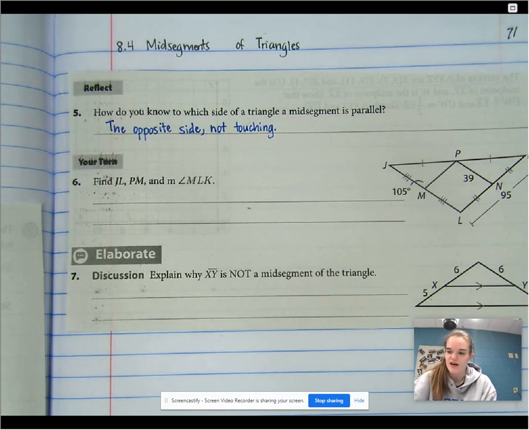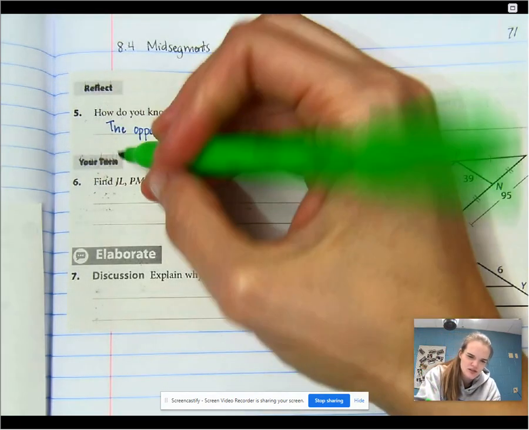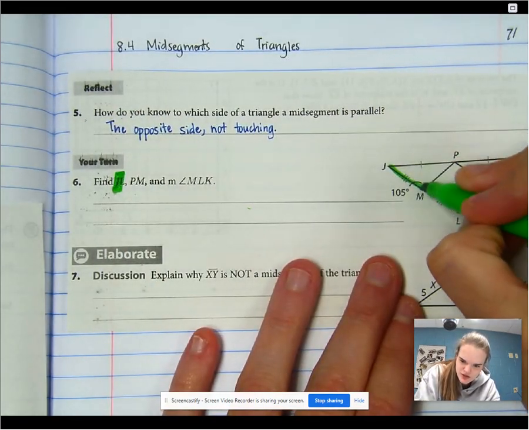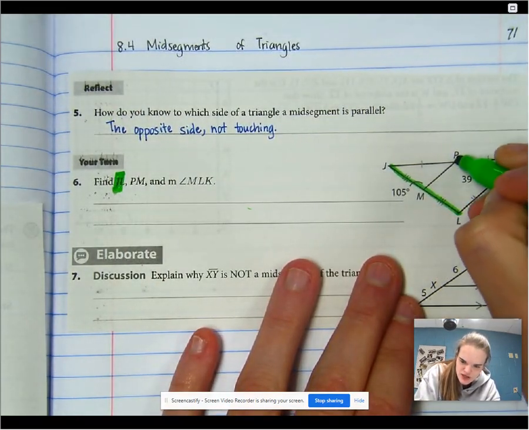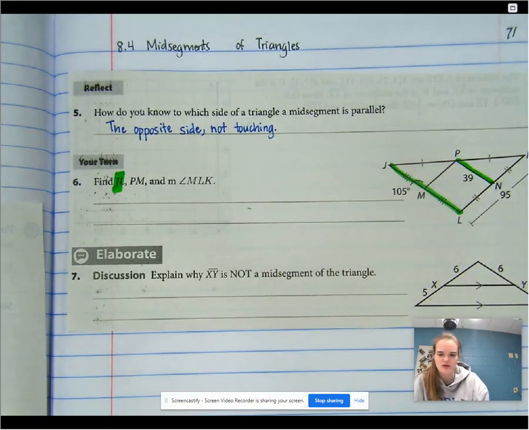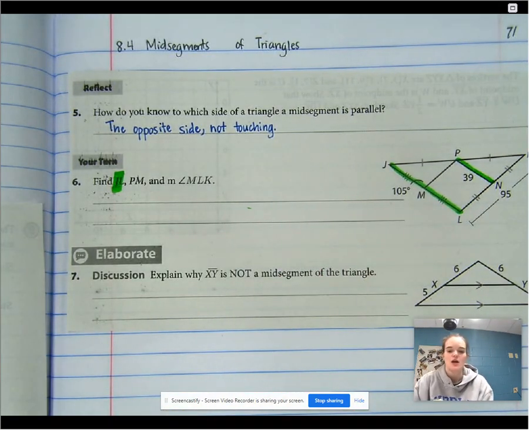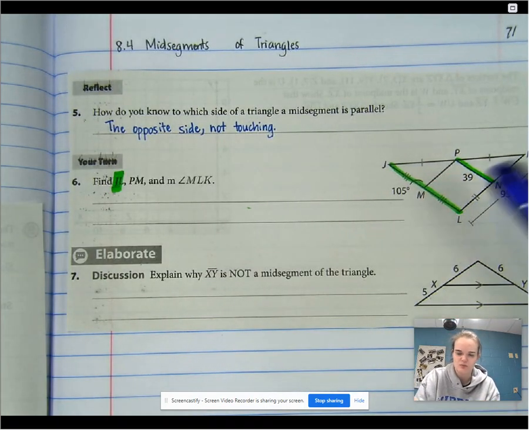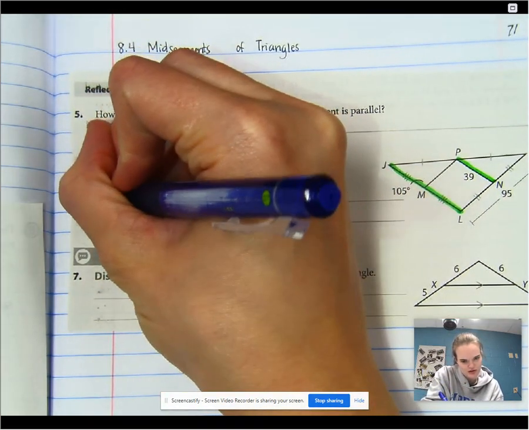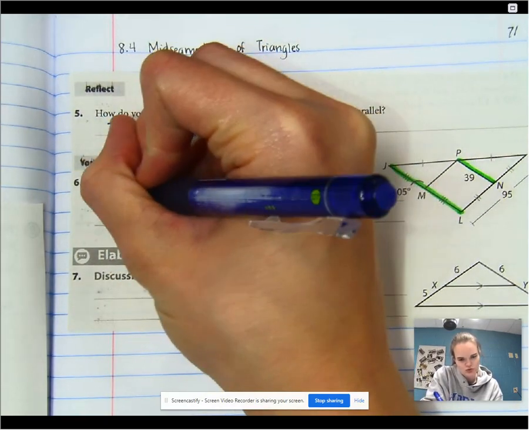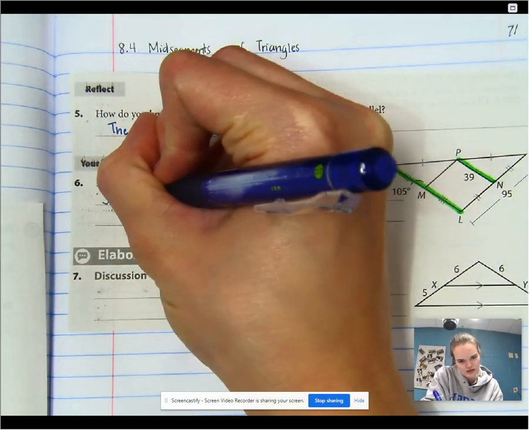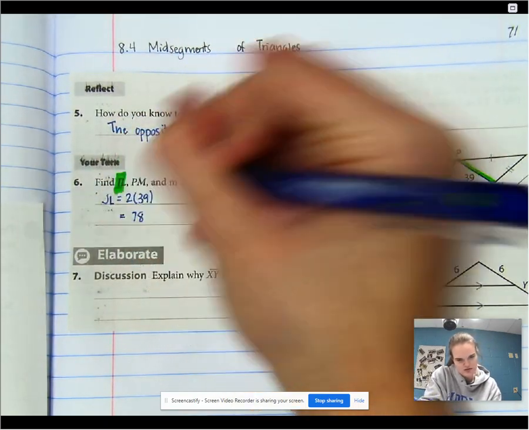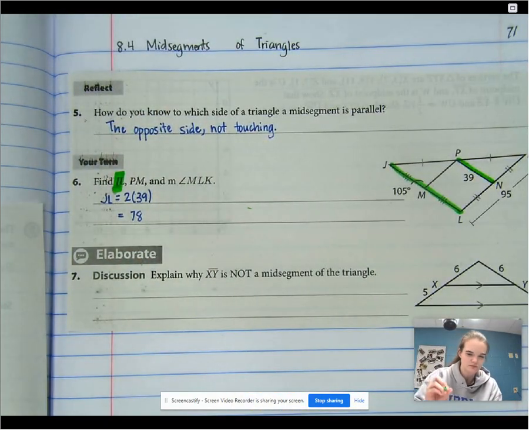Okay, first of all, it says find JL. JL is here, and PN is the midsegment. So JL is going to be double the midsegment, which is PN. So JL is going to be equal to 2 times 39. So JL is equal to 78. That's that first part there.